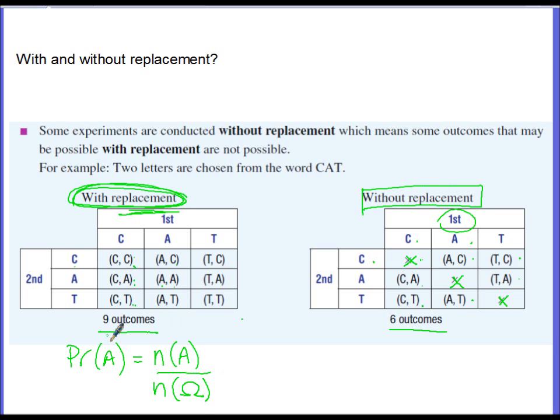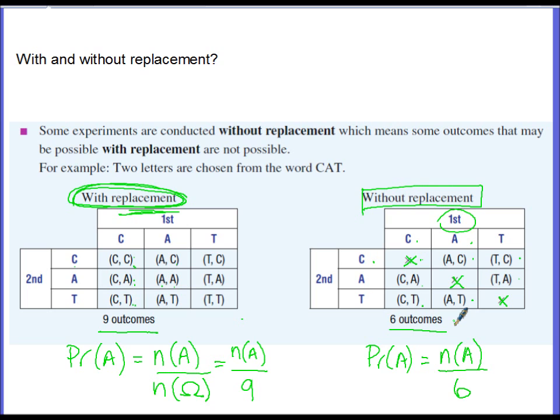And in this case here, that's going to be NA over 9. But in this case here, the probability of A, whatever A is, would be the number of events in A divided by 6, because there's only 6 possible outcomes.